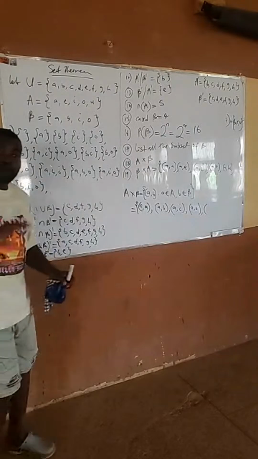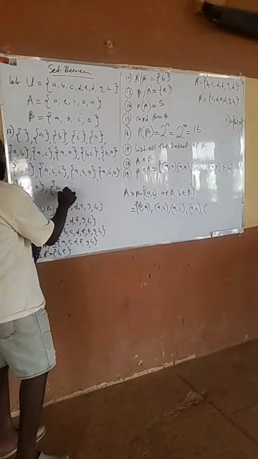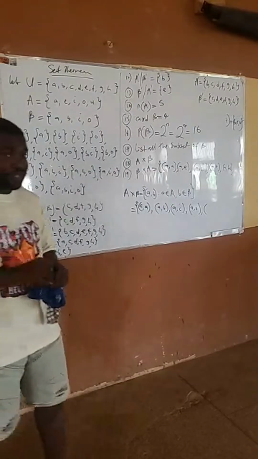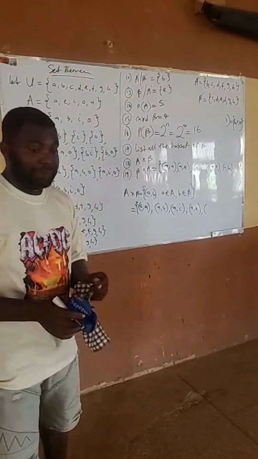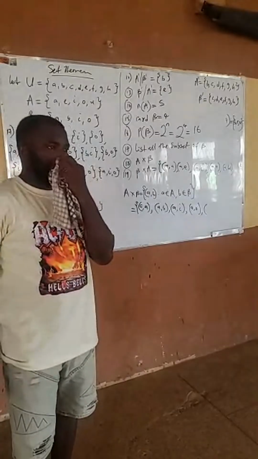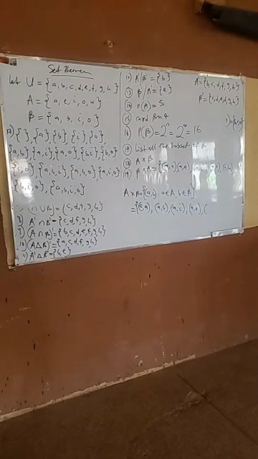But if they do not include the word proper, then it should be 16 in number: A, B, I, and O. So please take note of that. They will use that to confuse you in the exam. If they use the word proper, know that the set itself must not be there. Take note of that.